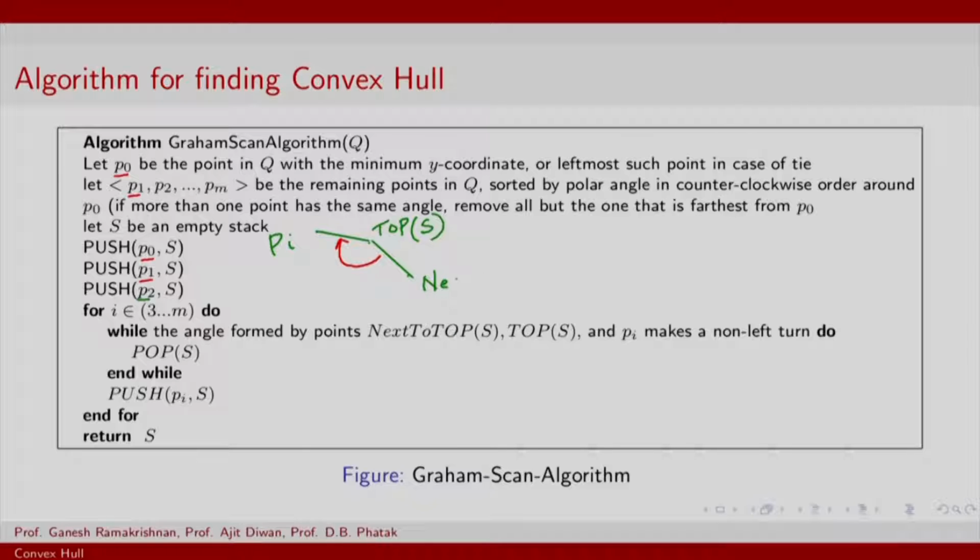We retrieve that second last element by this call, next to top of S. We refer to the counterclockwise orientation of Pi with respect to the next to top as a case for dropping the top of S. We refer to this as a non-left turn.